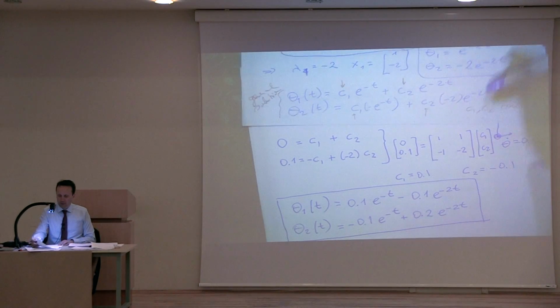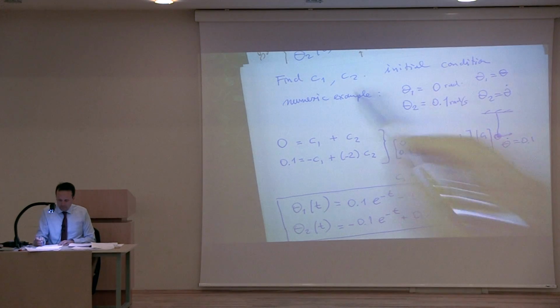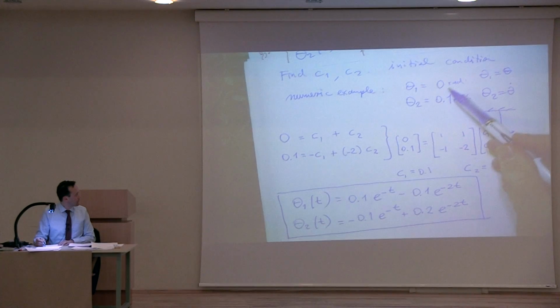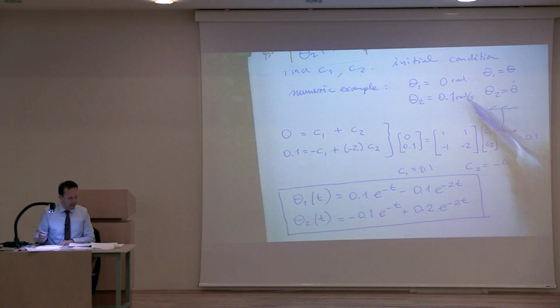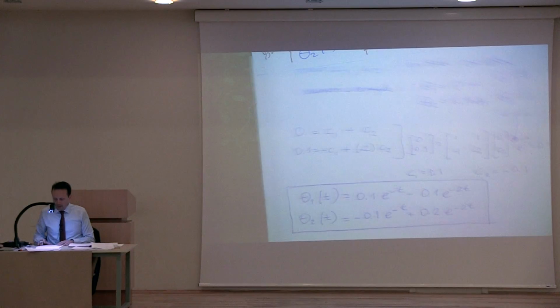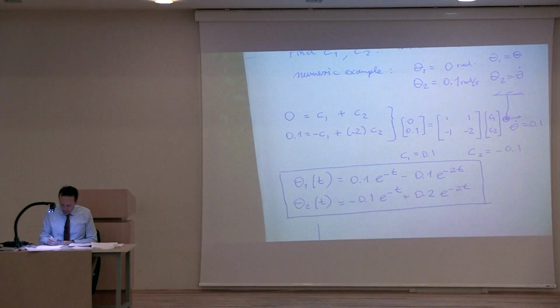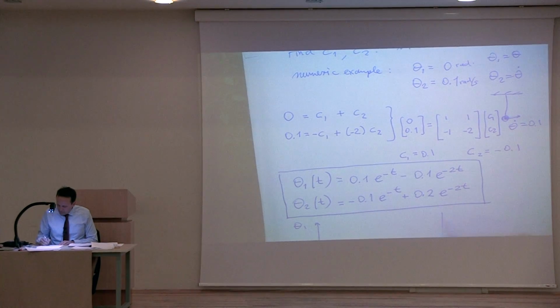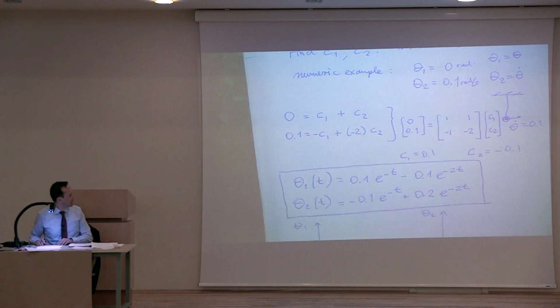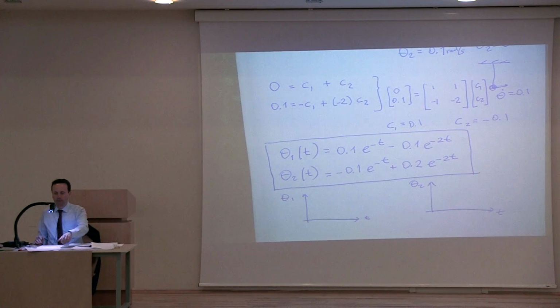If I start from this initial condition, as a function of time, this is what is going to happen. Now I can plot theta 1 versus time and theta 2 versus time. Isn't that great? Whew, that was difficult.